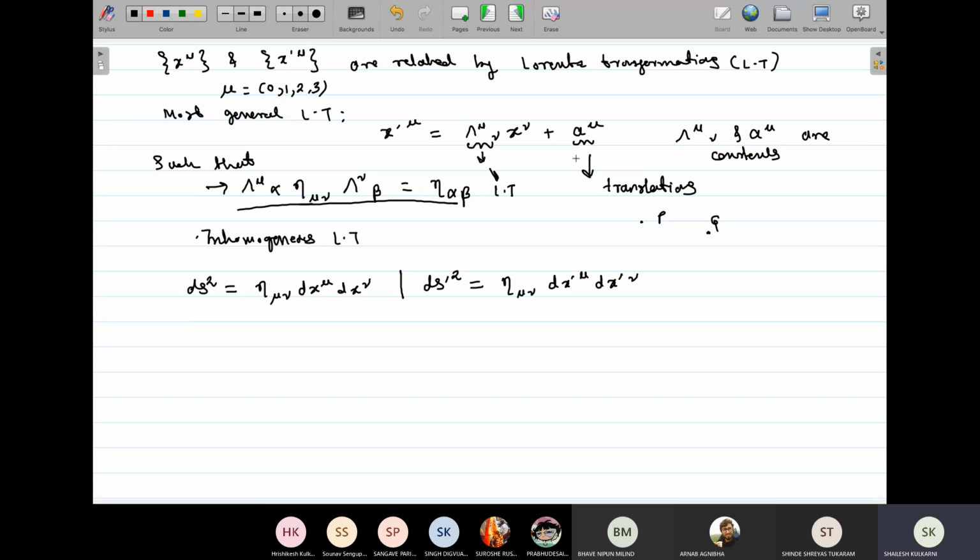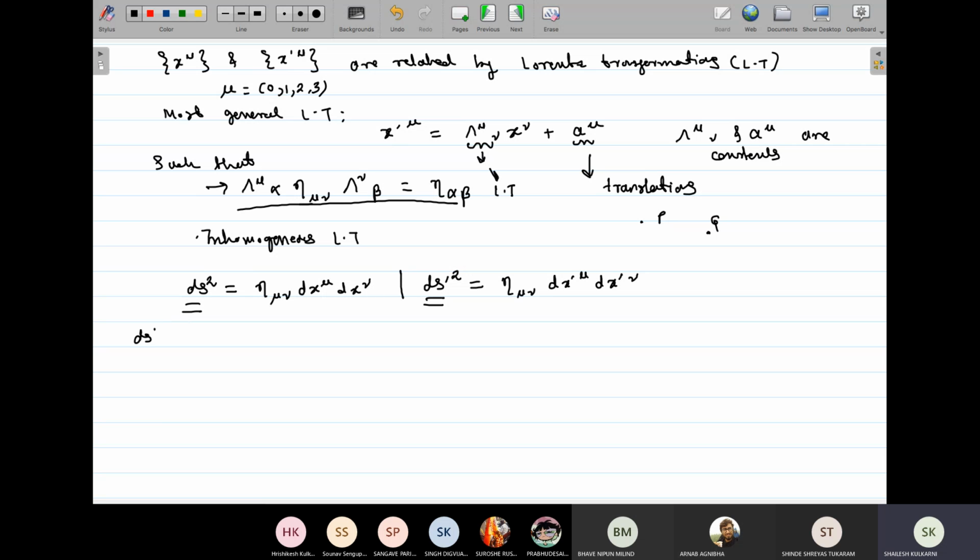That's why there are no conditions on a mu. Fine. So this is the metric in the primed coordinate system, and we want to show that this is equal to the unprimed one. Under this transformation, if the condition is satisfied, then they are equal. Let us see how.